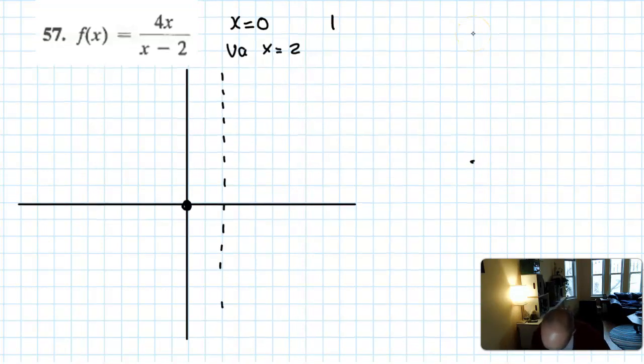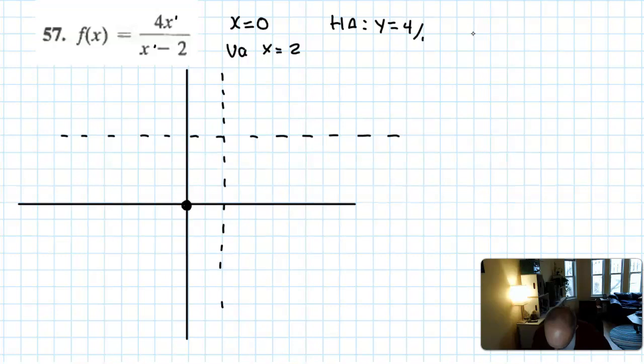And we're going to have a horizontal asymptote at y equals 4, because they're both first degree factors, so it's 4 over 1. This is the only point we've got. So we can already kind of guess about the shape of the graph, but let's go ahead and make our sign chart.